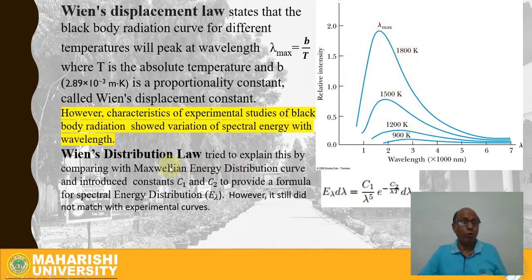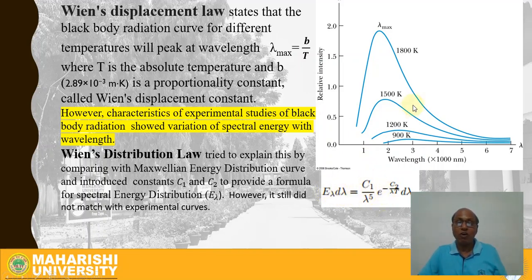Although he explained it with a formula which says that the spectral energy distribution, that means energy at each wavelength, is inversely proportional to lambda, the wavelength, right? And since lambda is inversely proportional to T, it is almost as if E is directly proportional to T in some form.